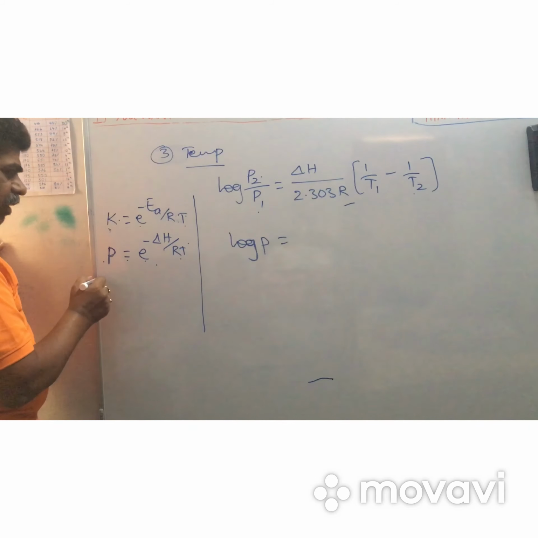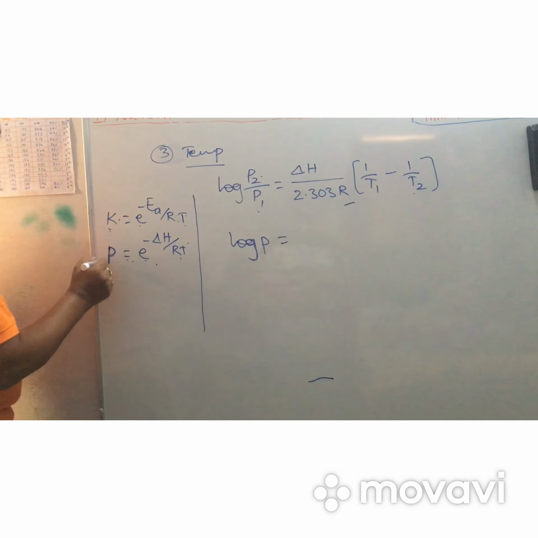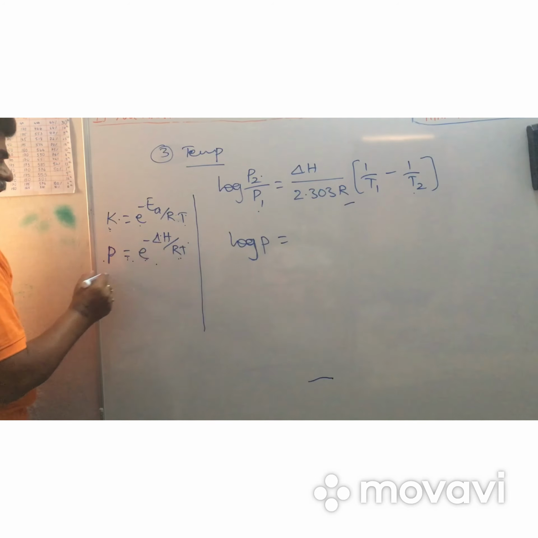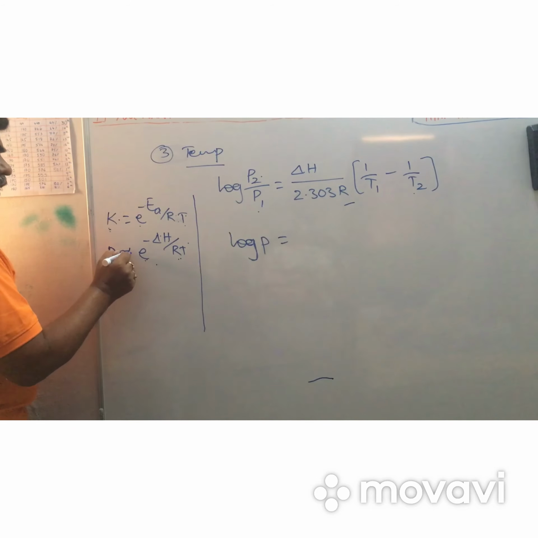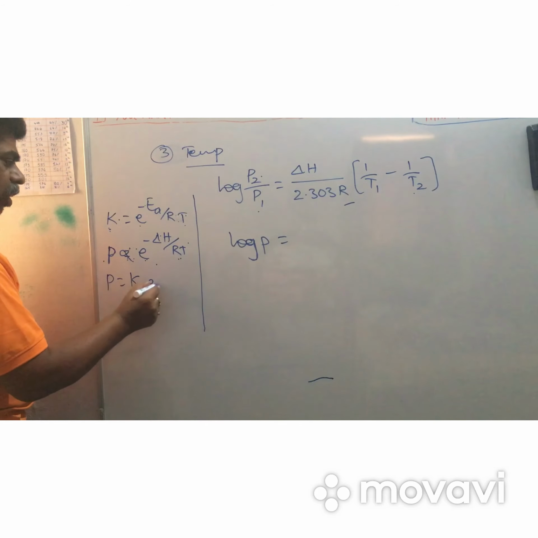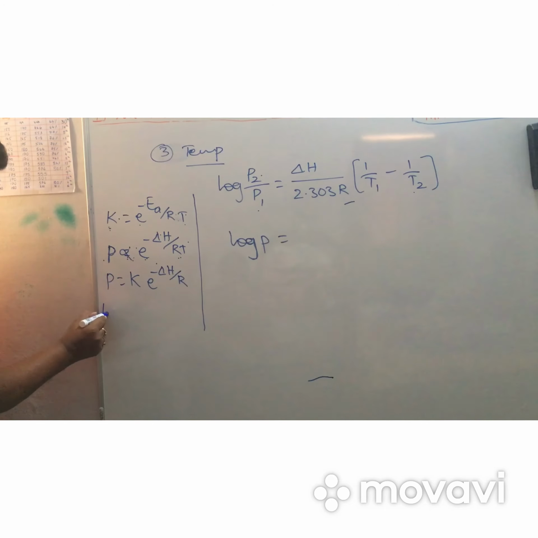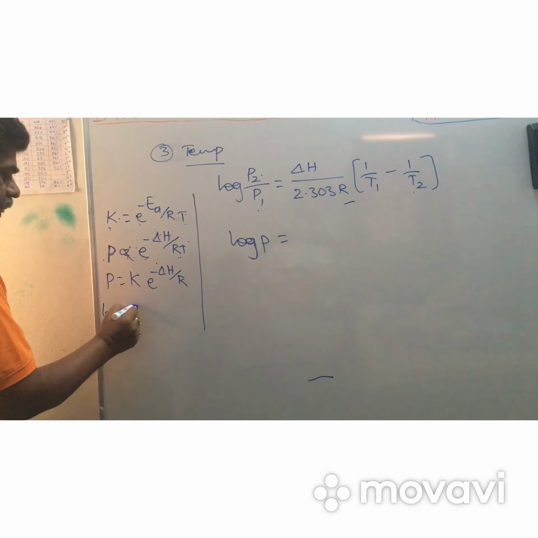Actually P is directly proportional to e to the power of minus delta H by RT, and some constant you have to write. So P is equal to K into e to the power of minus delta H by RT. Apply logarithms on both sides, natural logarithm: ln P.